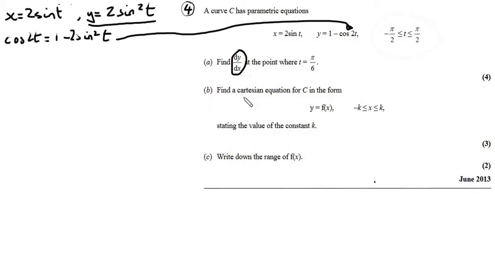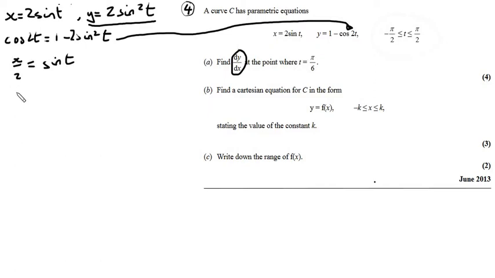So we need to find a Cartesian equation in the form y equals f of x. So if x equals 2 sine t, then x over 2 equals sine t.